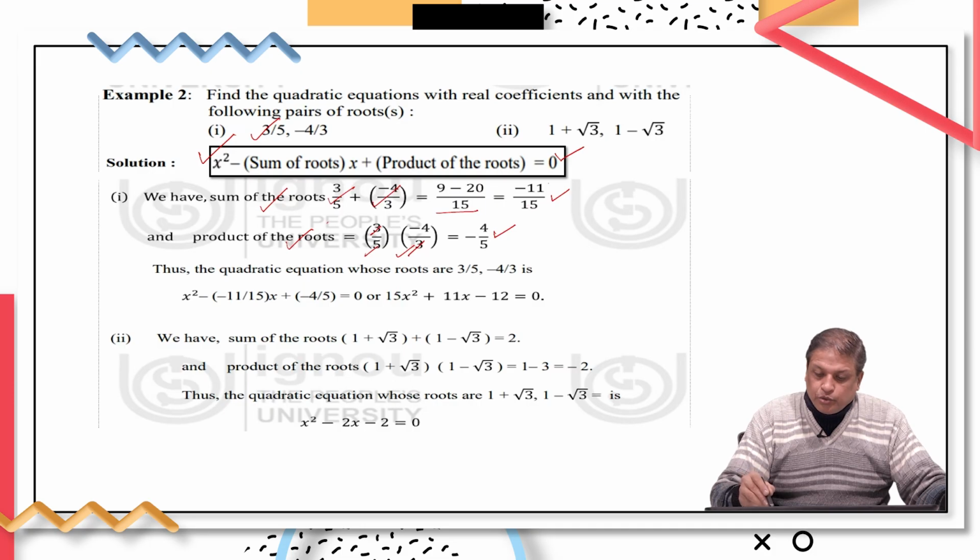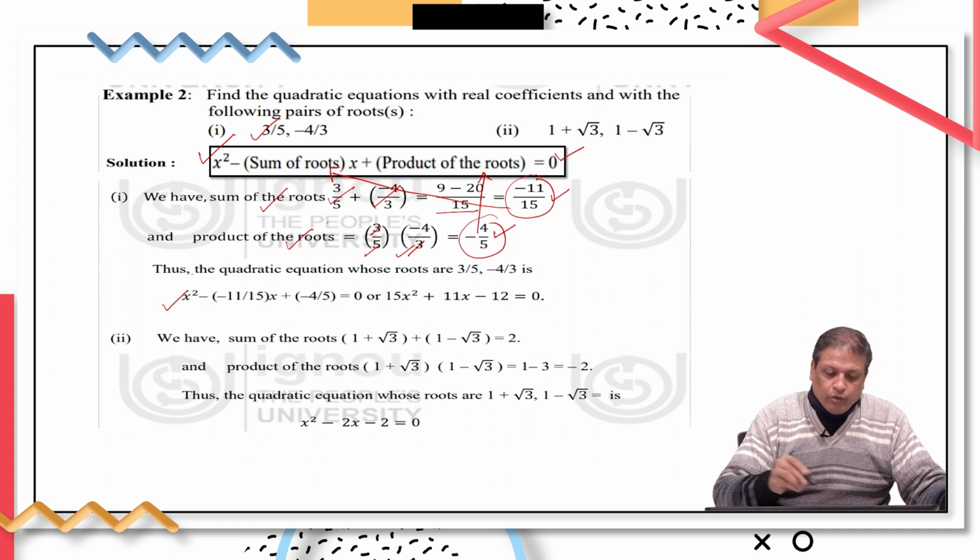Hence, substituting the sum of roots and the product of roots at their respective places in this equation, you will find that the resulting quadratic equation is x square minus of minus 11 by 15 x plus minus of 4 by 5.